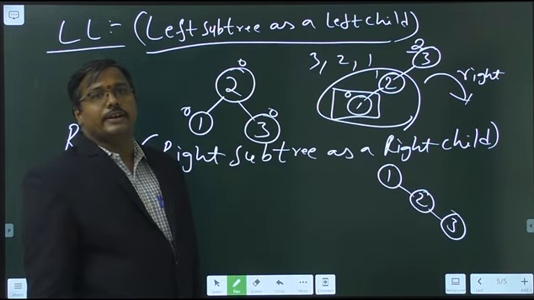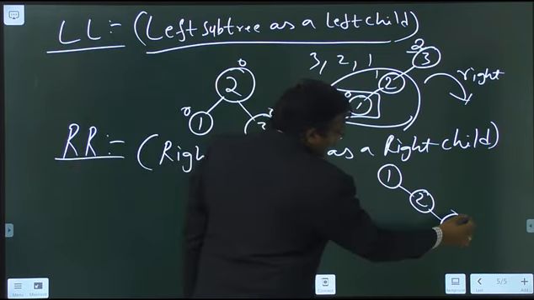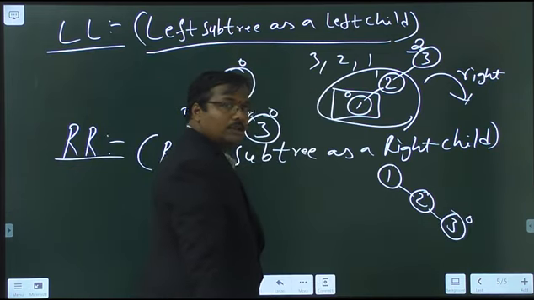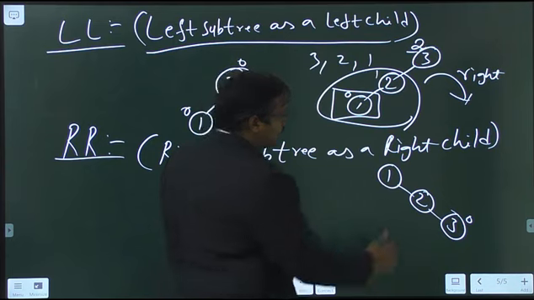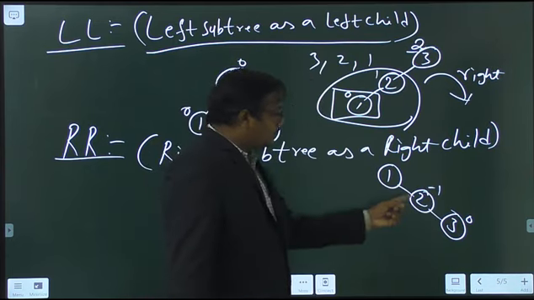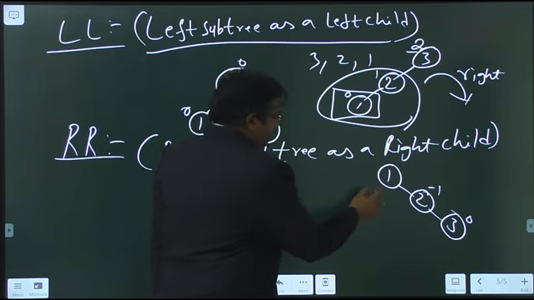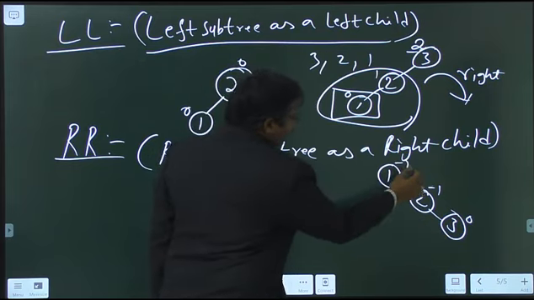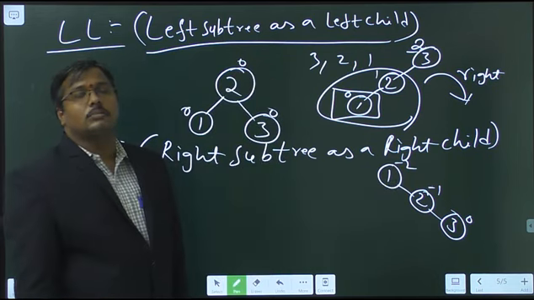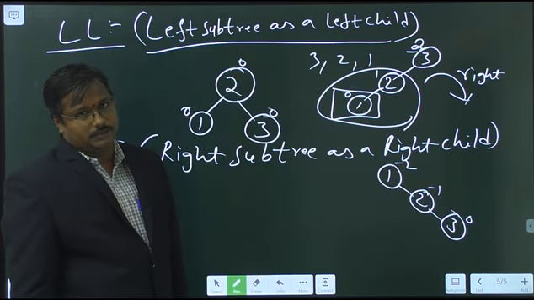This is a right skewed binary tree. Here the balance factor is 0: height of the left subtree is 0, right subtree is 0, so 0 minus 0 is 0. For the next node, the left subtree height is 0 and right subtree height is 1, so 0 minus 1 is minus 1. For the root, the left subtree height is 0 and the right subtree height is 2, so minus 2 is the balance factor.